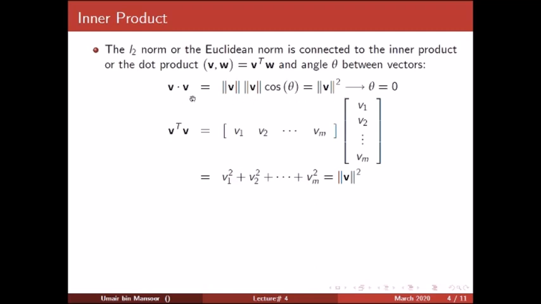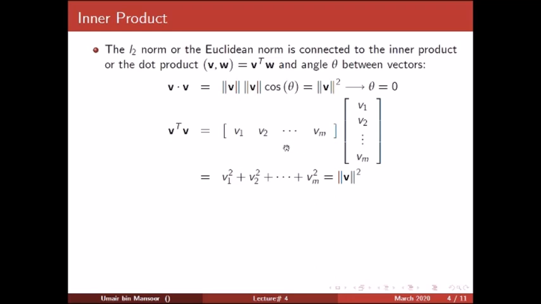So the dot product or the inner product of a vector with itself is actually the square of the L2 norm, or the square of the Euclidean norm or the distance formula. Okay, let's take another view of the dot product, which is the product of two vectors obtained by multiplying a row vector and a column vector.